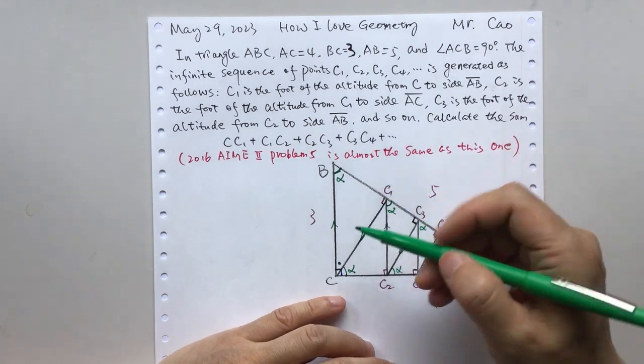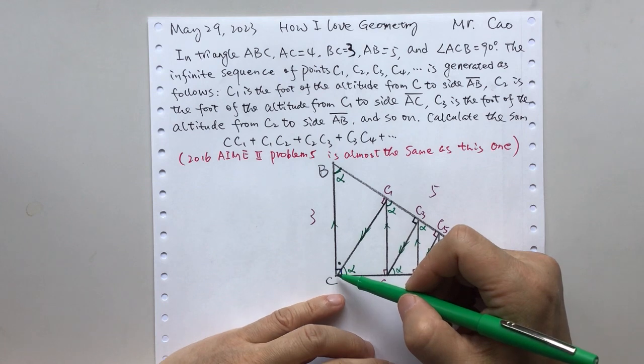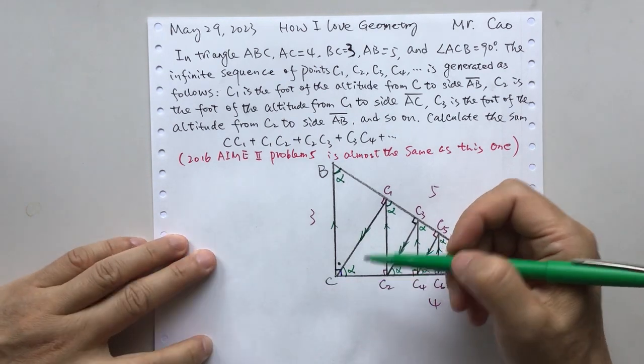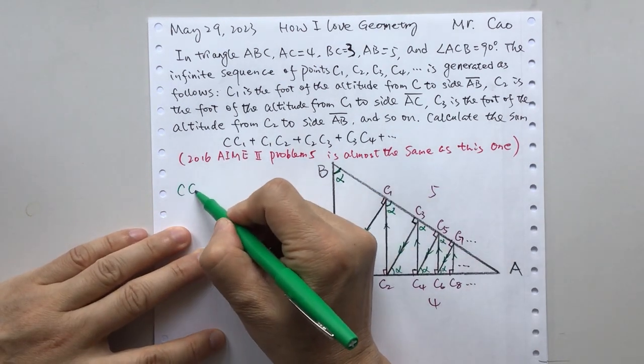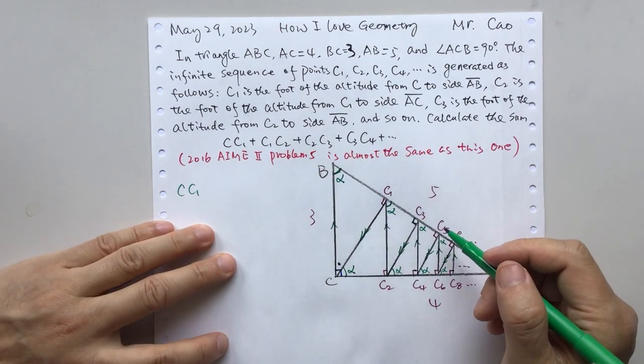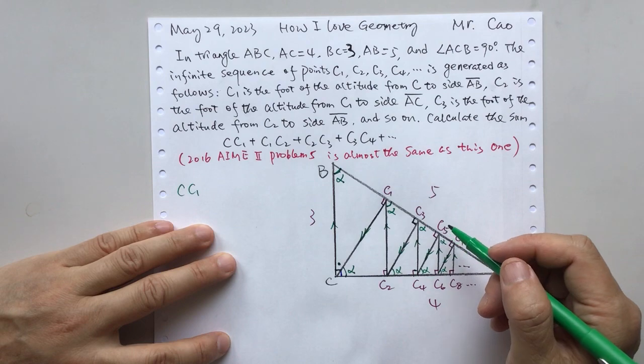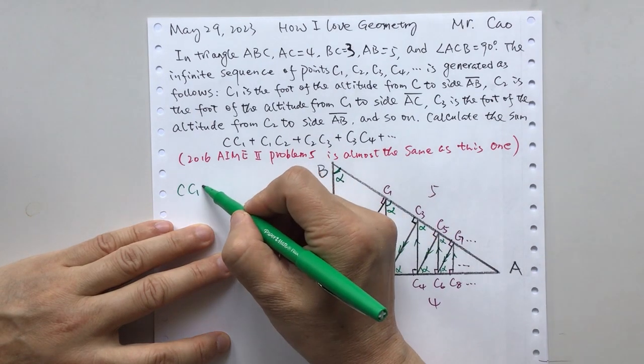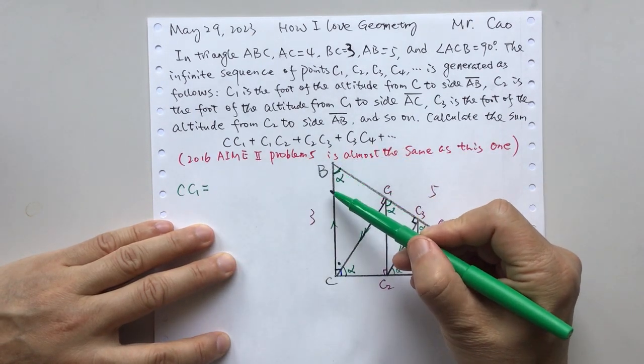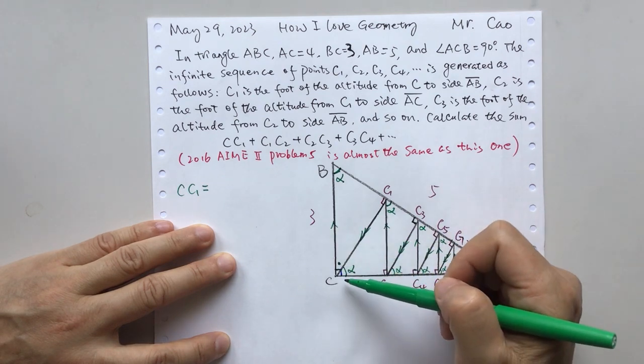Now, we can easily find CC1, right? We can easily use the same triangle. We will get the same area. So we can use 1/2 of BC times AC.